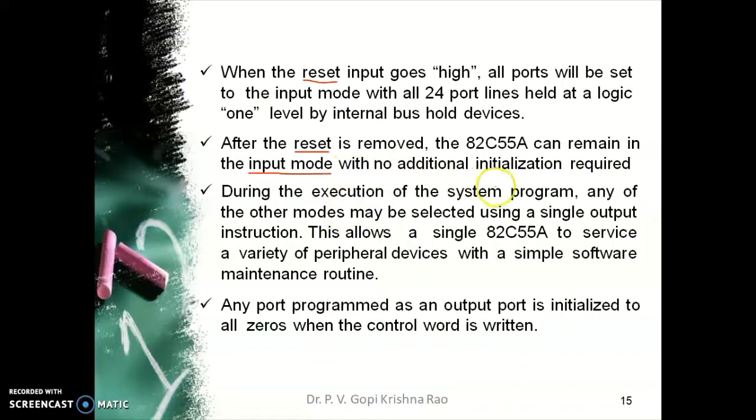Now, when you want to program any port as an output port, then you have to define how you are going to use the port. To define that, you have to write a control word in 8255 to define which port you are going to use as an input port, which port as an output port, and in what mode of operation you are going to use this port.